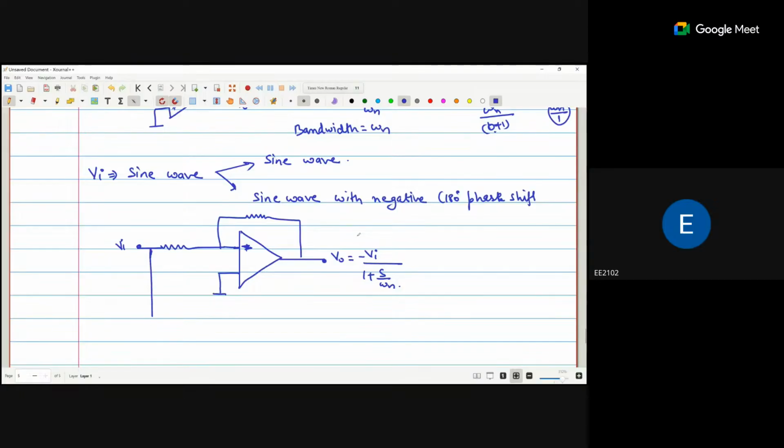And second, from this Vi, you are taking V out, which is exactly the Vi.